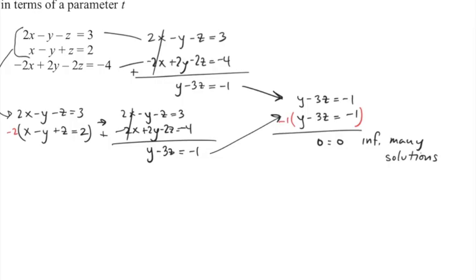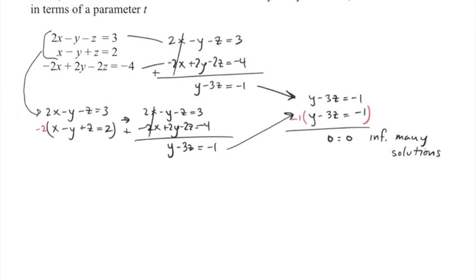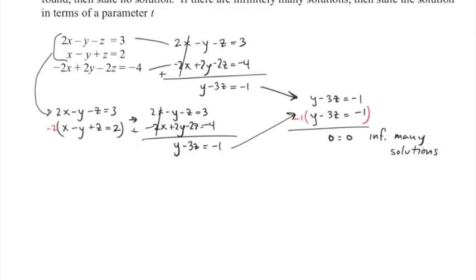solutions. So what we talked about in class, if there's 3 variables, meaning in this case x, y, and z, the convention in most college algebra textbooks is to let z equal t. T is a parameter. The parameter t can be any real number.